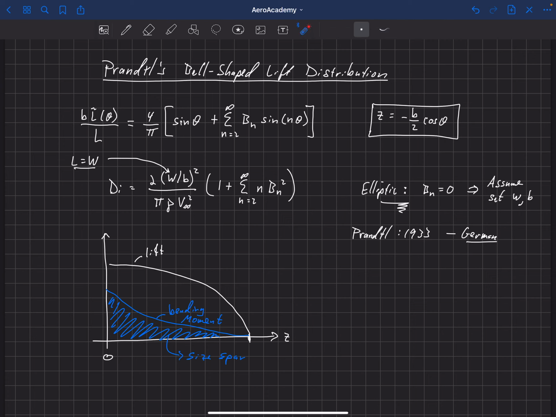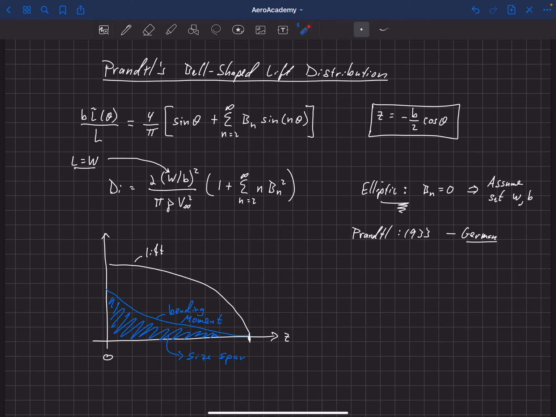So as we increase the wingspan, if we kept the same lift distribution and just increased the wingspan, well, the bending moment would go up, the spar would get larger, and so W would also get larger. So we can't just increase B without changing the weight of the aircraft.